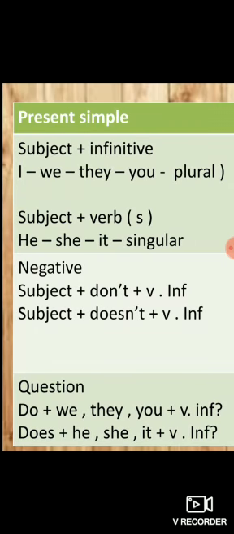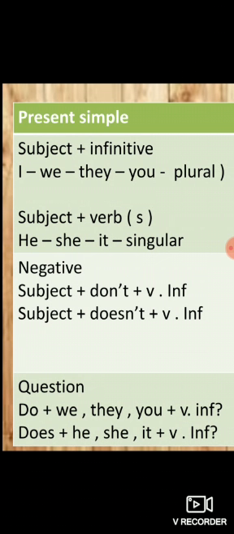We use do with the subjects we, do they, do you, and then we put the verb in the infinitive form. We use does plus he, does she, does it, and then the verb in the infinitive form.